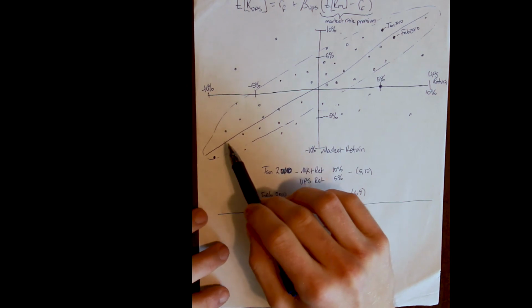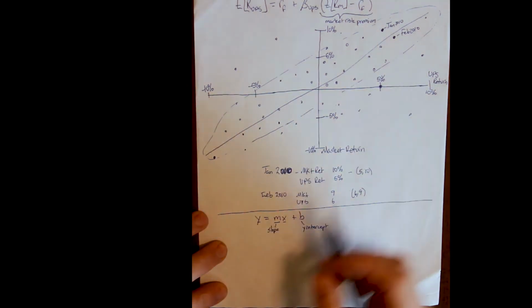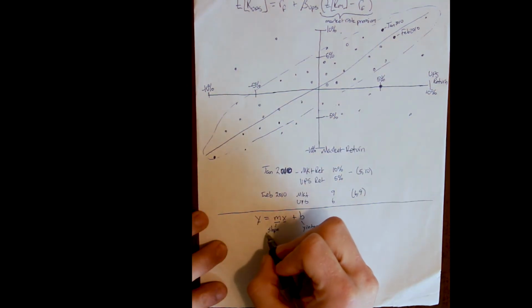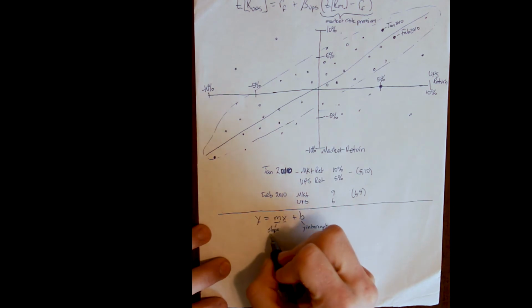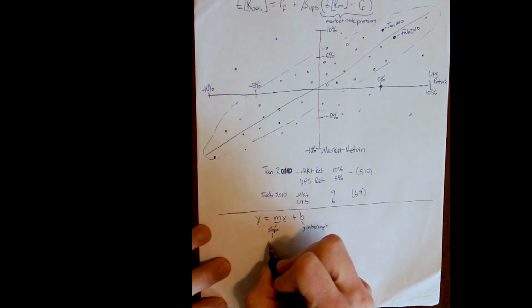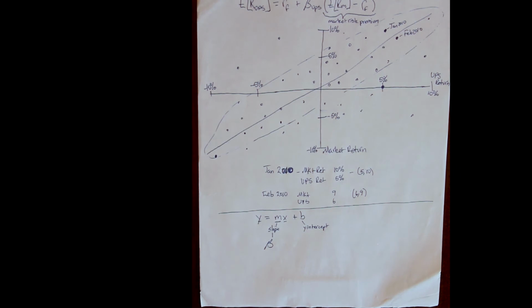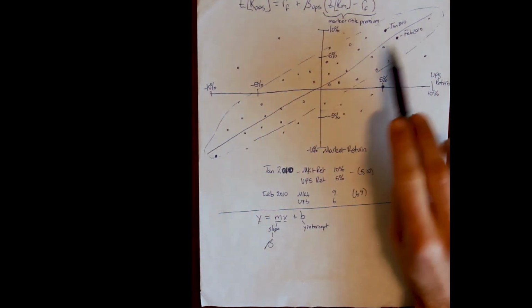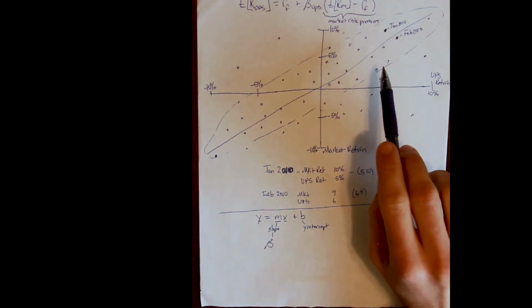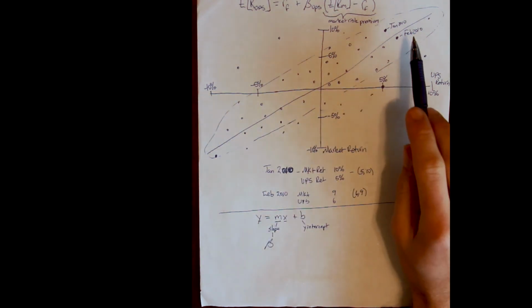Now, once I have determined this line, what I'm really interested in is the slope. This is my beta. So calculating beta is merely a mathematical process of determining the line that best fits the relationship. And this looks to be a positive relationship.